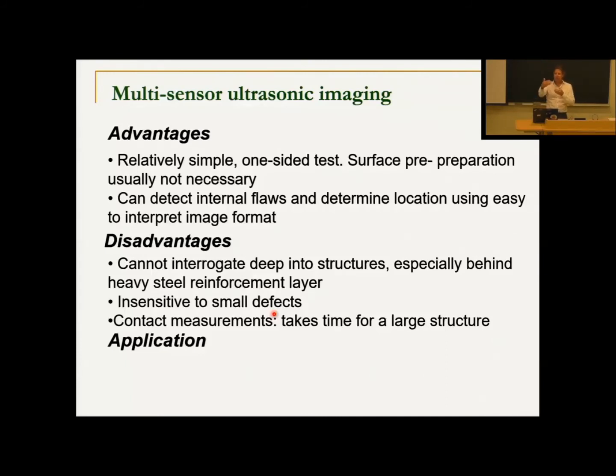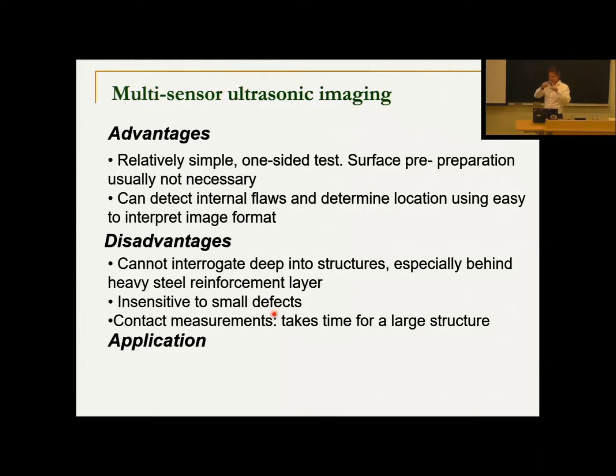However, the depth to which you can interrogate structures with this is somewhat limited, and if you have a heavy layer of steel reinforcement near the surface, that will act to shield all the wave energy. All that wave energy will be reflected and absorbed there. You can't see behind that. Now, because we use a 50 kilohertz frequency, the wavelength is relatively large, so we don't find very small defects.